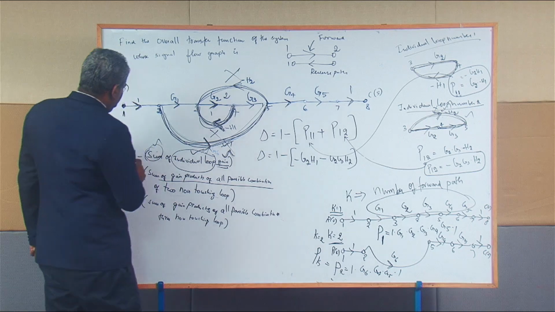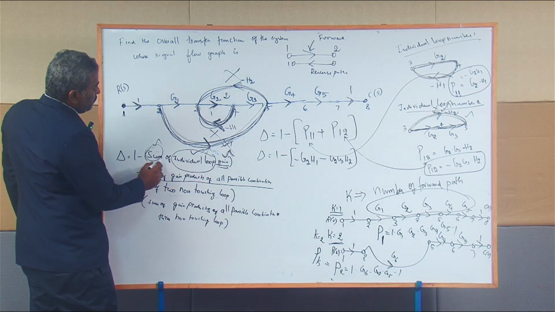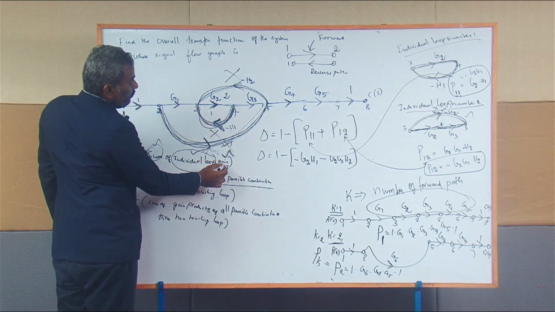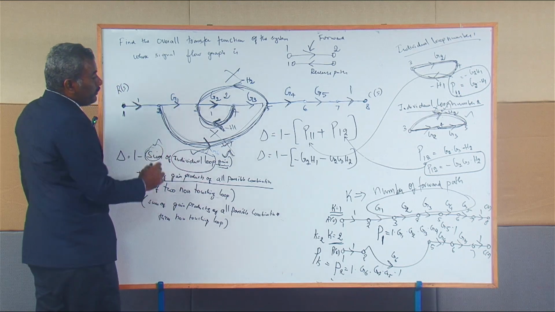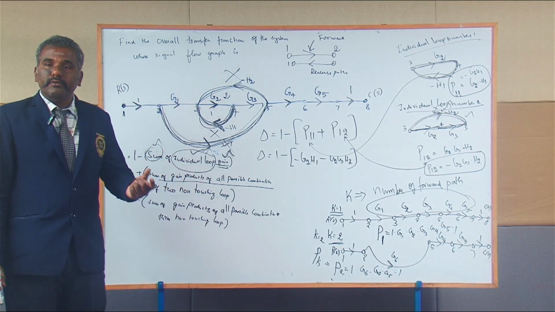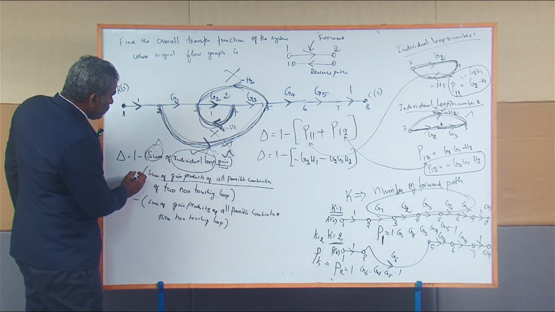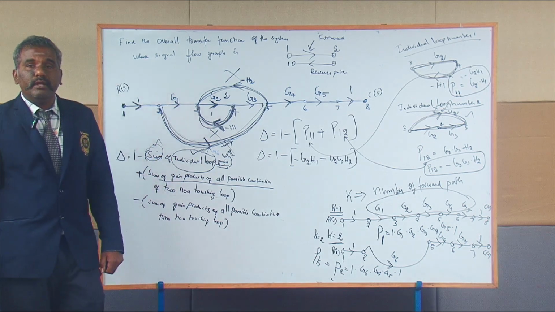After finishing the delta value with 1 minus the sum of individual loop gains, first of all you need to find the individual loop number, then you need to give the value of gain. Finally, you need to sum all those gains. However many individual loop gains you get, you need to sum them. Then you may extend this delta formula.